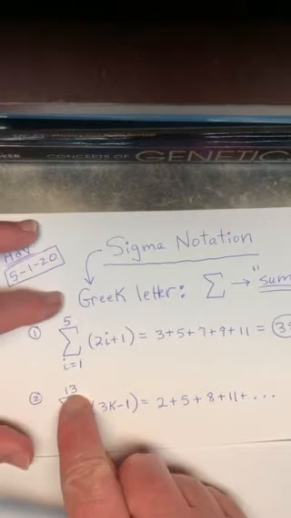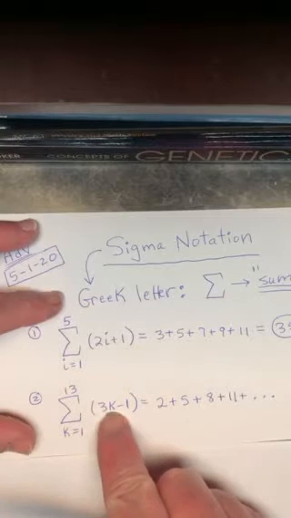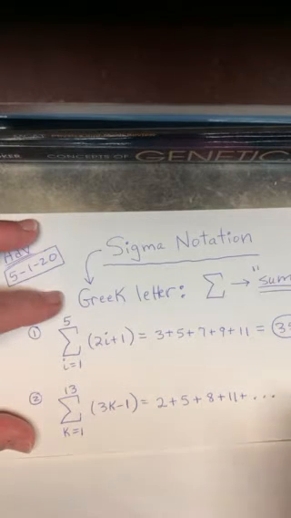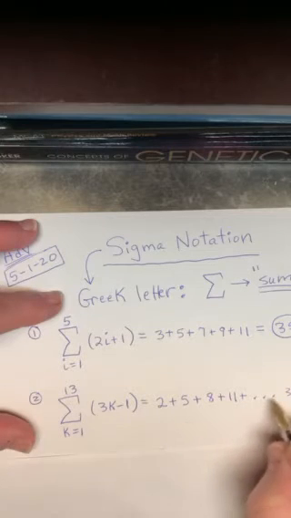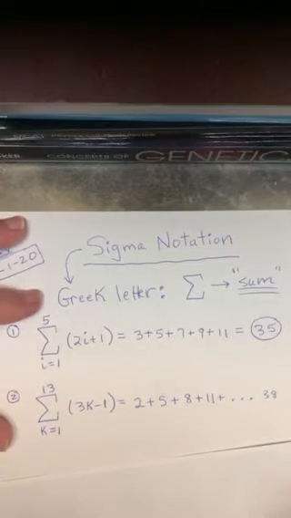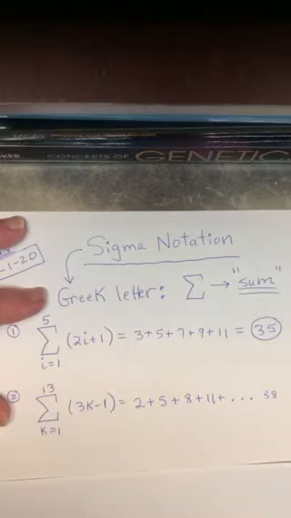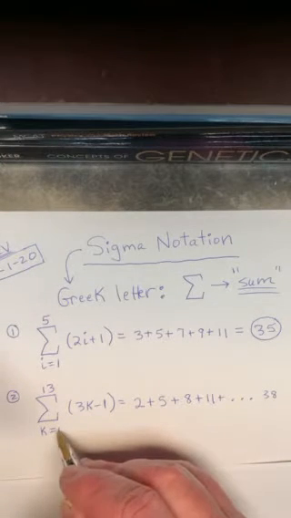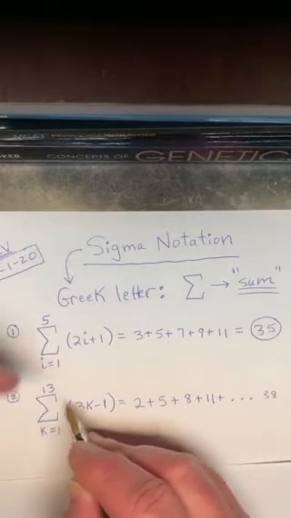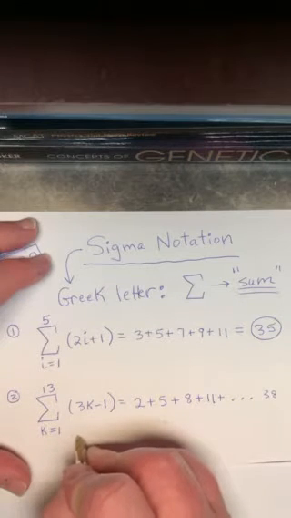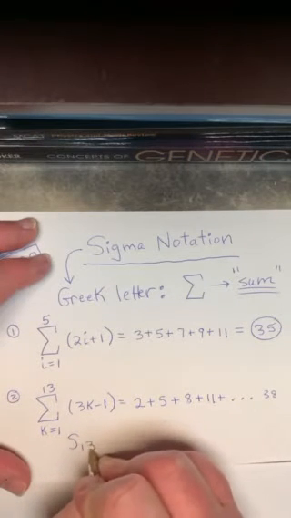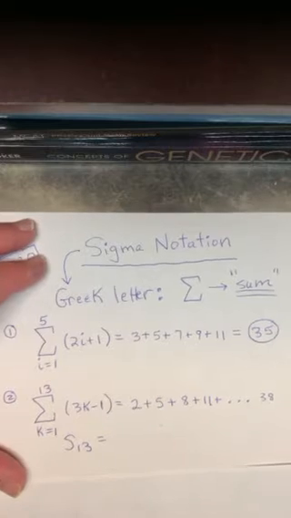I plugged in 13. 3 times 13 would be what? 39 minus 1. I'd eventually get to 38 with a lot of numbers in between there. Okay? So in essence, since we plugged in everything from 1, 2, 3, 4, etc. up to 13, aren't I finding the sum of the first 13 numbers of this sequence?